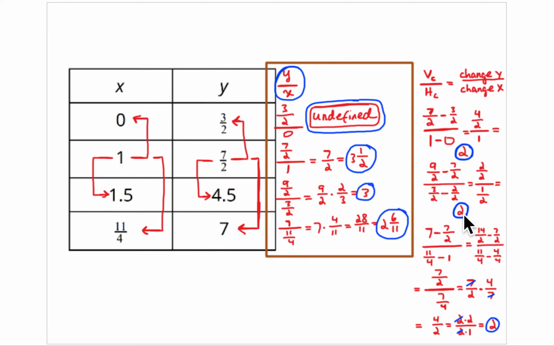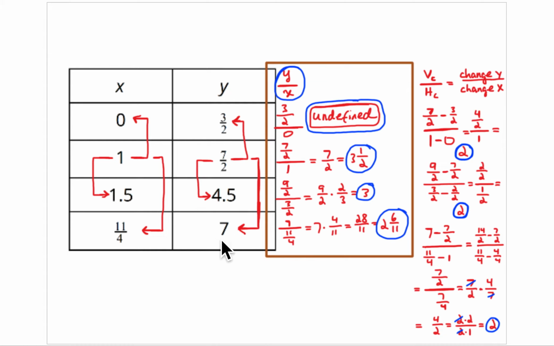And one more time, if you start at 1 and you go to 11/4, that's a change of 11/4 minus 1. Well, 11/4 is the same as 2 and 3/4. So 2 and 3/4 minus 1 is 1 and 3/4. And then if you move from 7/2 to 7, 7 is the same as 14/2.